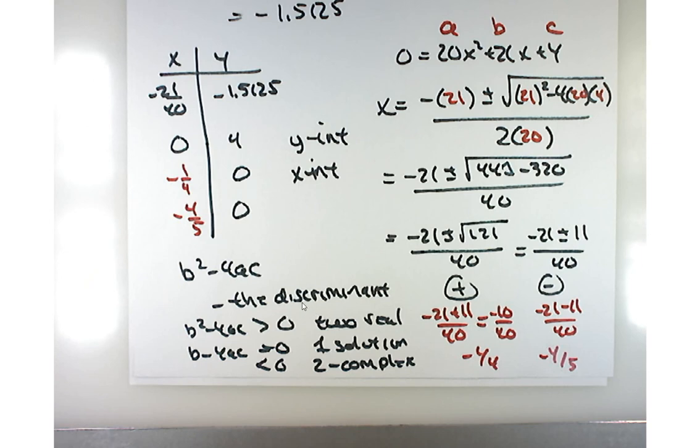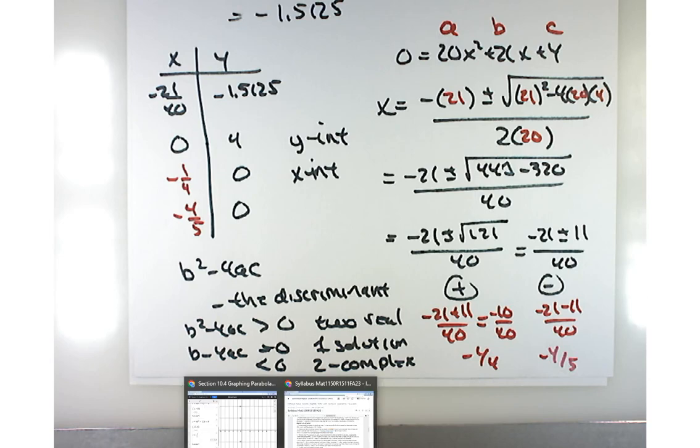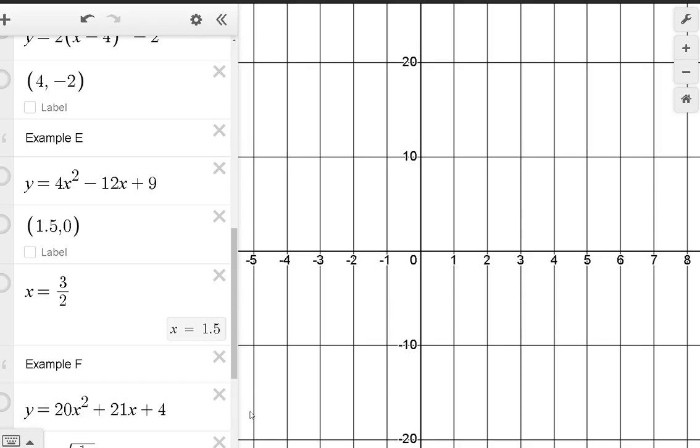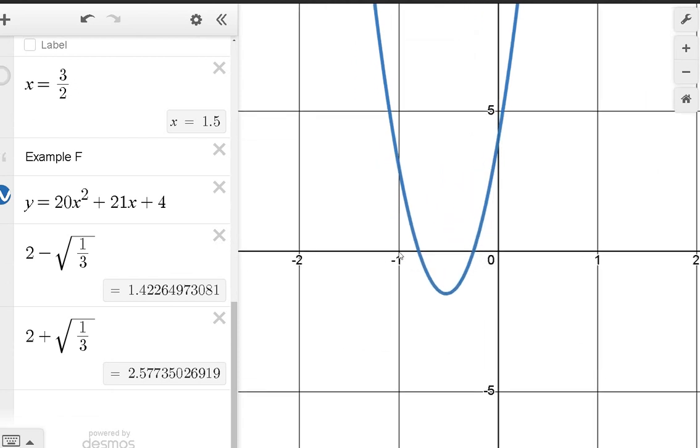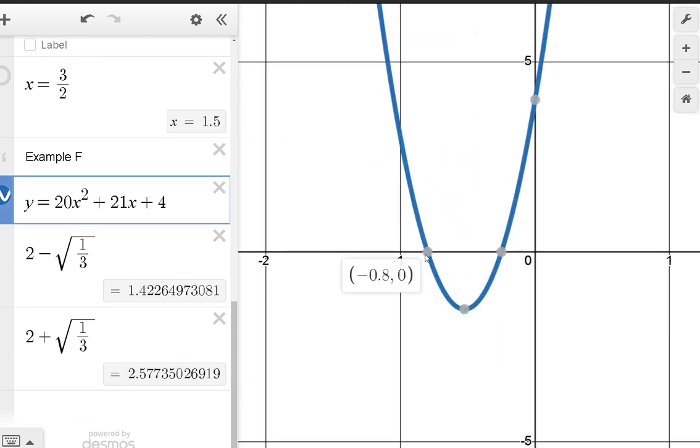Let me emphasize something for your convenience. You can double check these really easily. Let me just check here. There we go. So, negative 0.8, that's your negative 4/5. Negative 0.25, that's your negative 1/4.